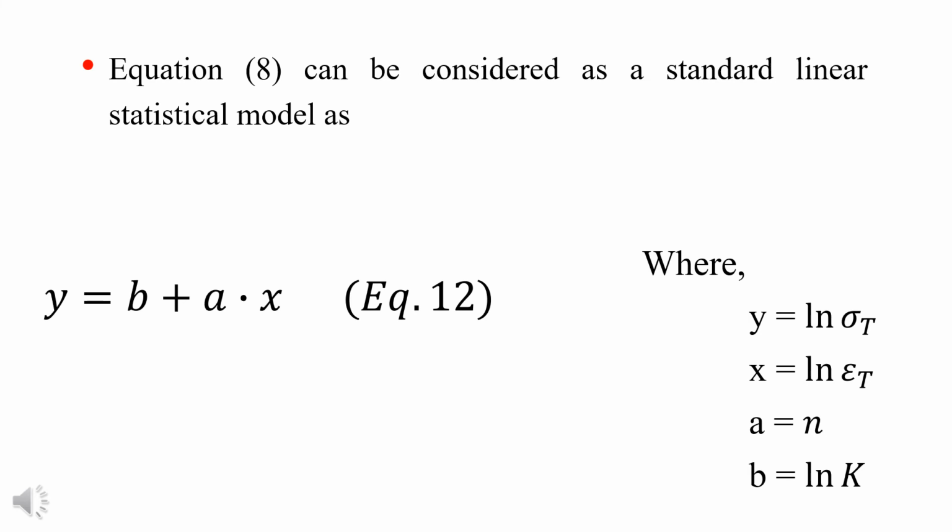Then equation 8 can be considered as a standard linear statistical model. And then we can take as a base equation 12, y equals b plus a times x. And later, substituting a, b, x and y, in that way we will get the solution.